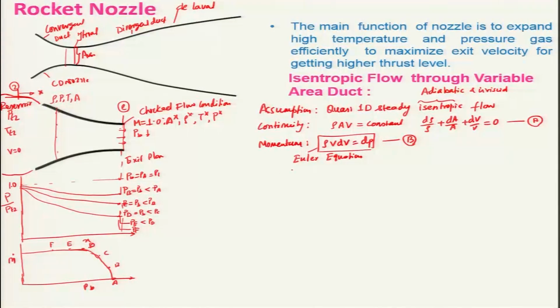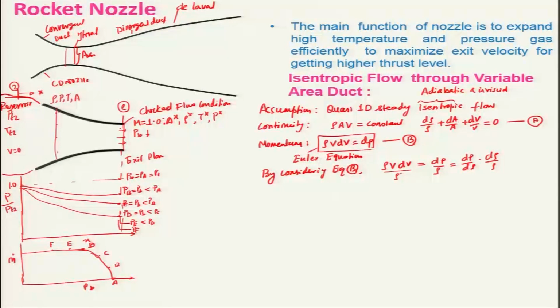Let us now consider equation B. We can have rho V dV is equal to dP. We can divide this by rho, and this I can write down as dP by d rho into d rho by rho.